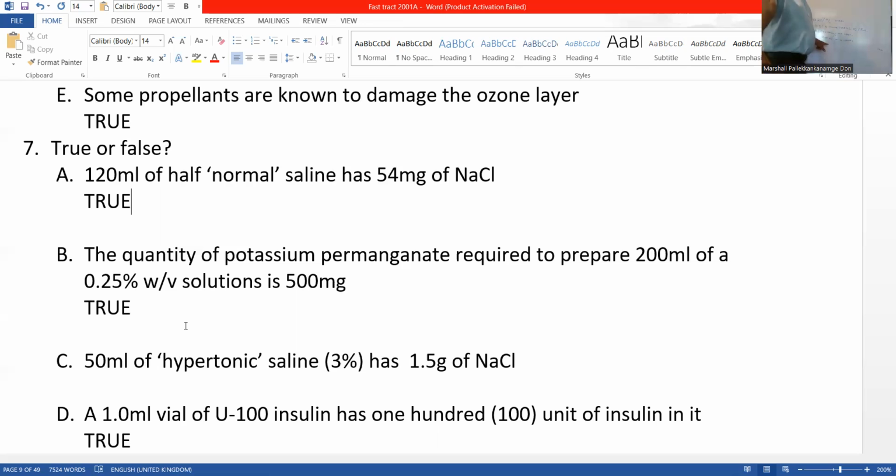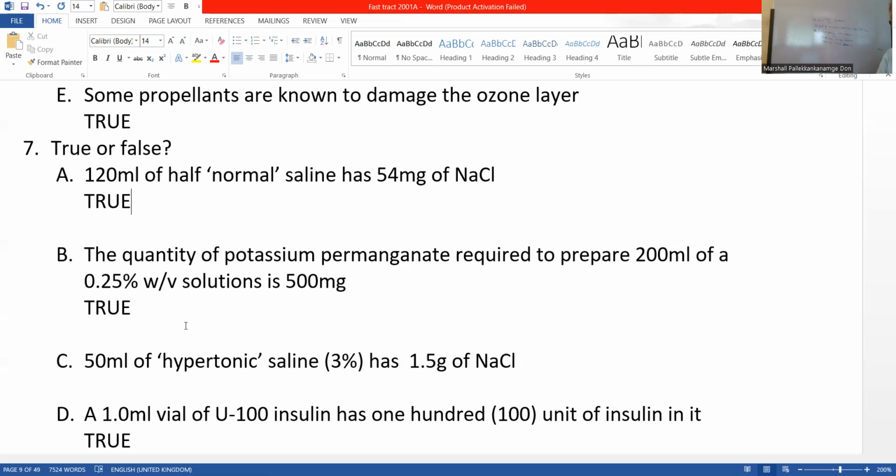The amount to prepare is 200 ml, so it is double of this amount, 500 milligrams in 200 ml. So that is true.